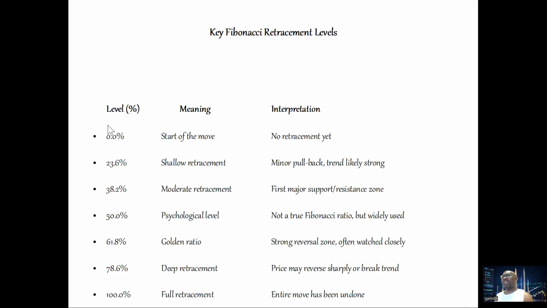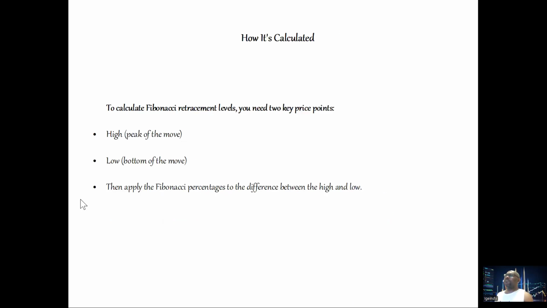We are not talking about extension. You can use extension for your take profit, but that one is not really important, as you can also use your resistance point of reversal to set your TP.